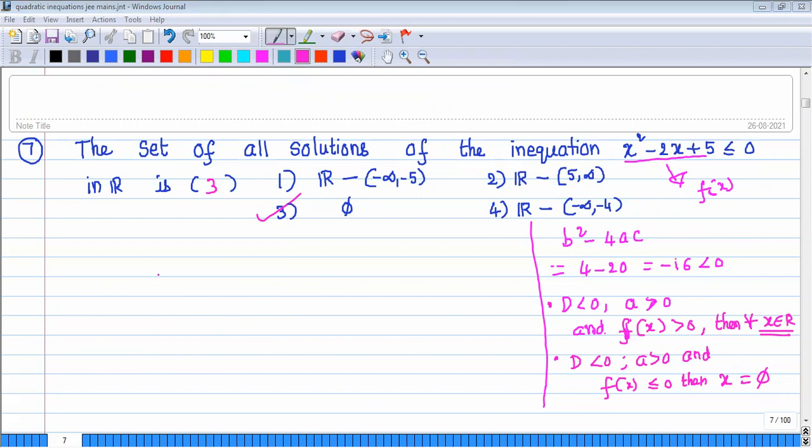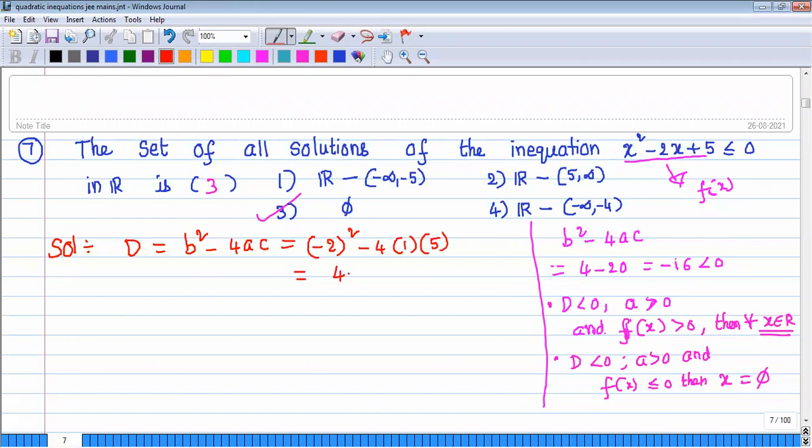Now let us move to the next question. Or you can write like this also once again here. So d value, b square minus 4ac, discriminant, so that is minus 2 square minus 4 times a value 1, c value 5, 4 minus 20, minus 16, which is less than 0.